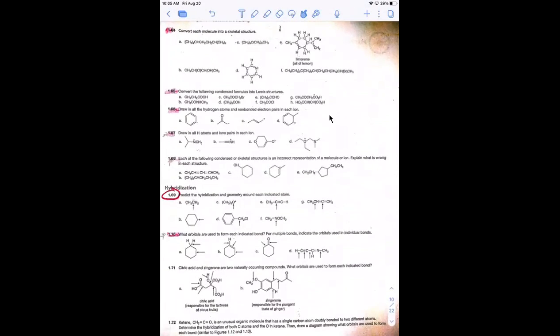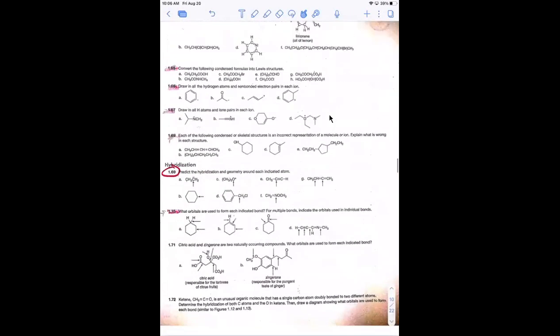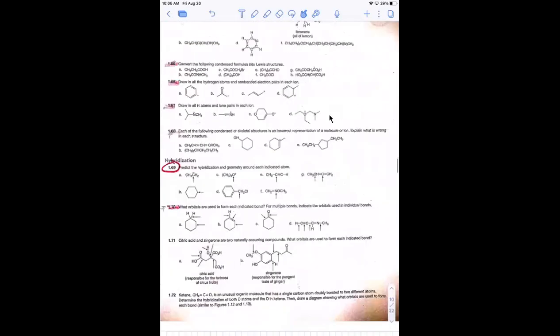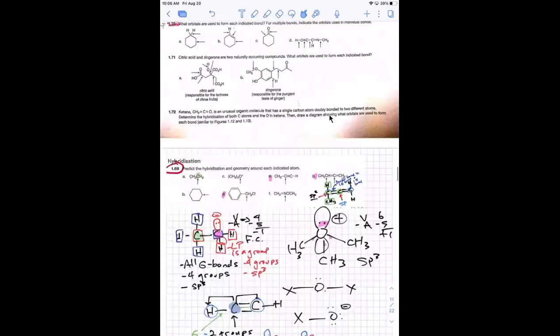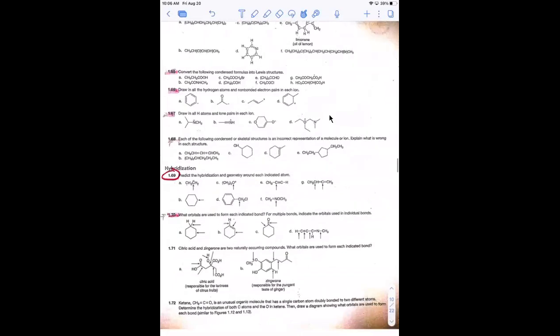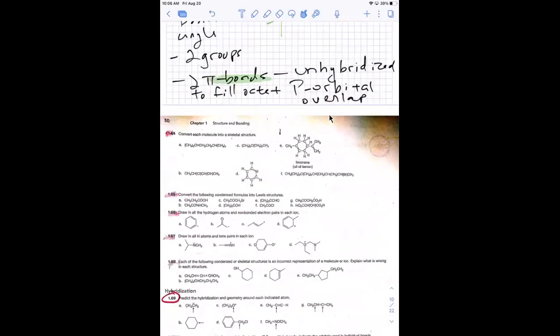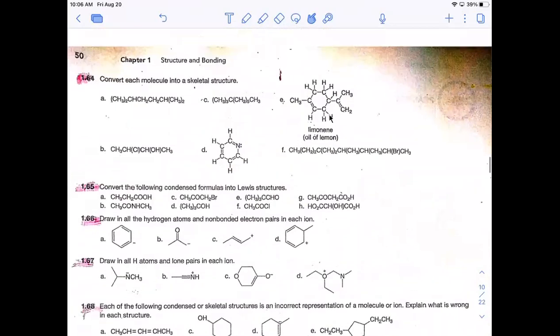All right. I think what we'll do today, we'll do some more hybridization, and some more formal charge. I think we were doing 169 the other day. I want to work on some of these problems where you have to convert from skeletal to line and Lewis, and then from condensed to Lewis.